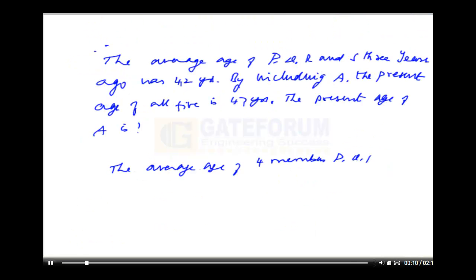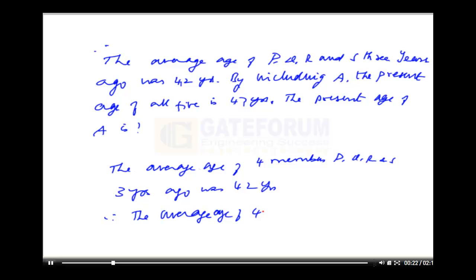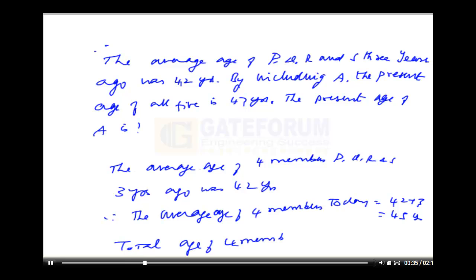P, Q, R and S 3 years ago was 42 years. Therefore, the average age of 4 members today will be 42 plus 3 is 45 years. Total age of 4 members today will be 4 into 45, 180.